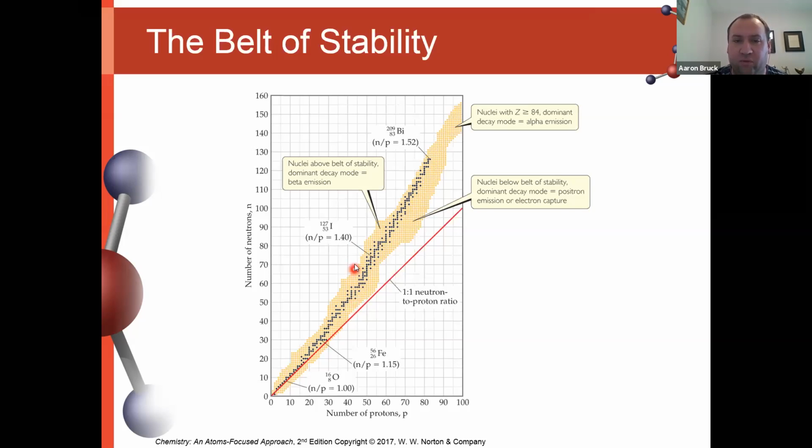Technetium, element number 43, is completely absent of any stable nuclei. It's completely unstable. All of its isotopes are radioactive, and you can see that we've got quite a few dots in there. So there are many known isotopes of technetium, but none of them are stable.